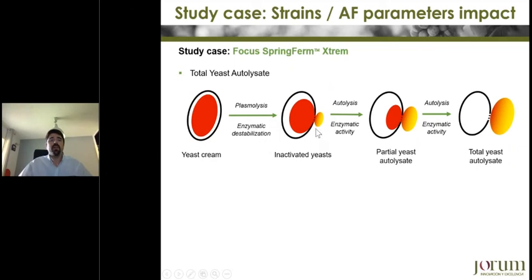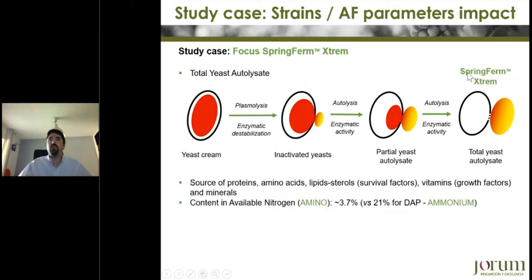And with temperature and pH regulation, you make the own enzymes of the yeast active to degrade itself. This degradation is a real autolysis. And this autolysis can go to the end and make what we call a yeast total autolysate, meaning that you have almost all the intracellular content of the yeast solubilized. And this is what we call Springferm Extreme.